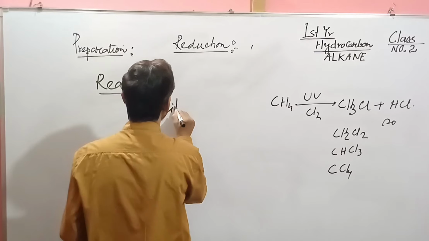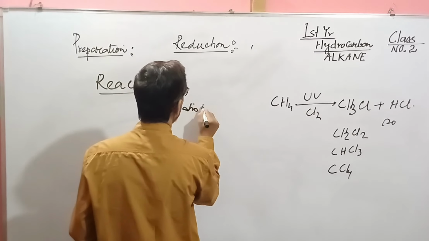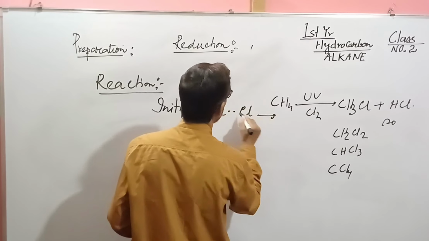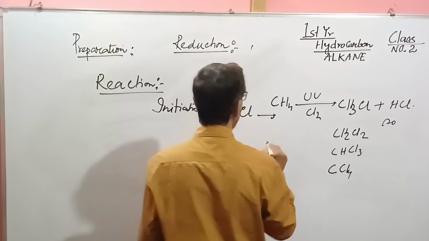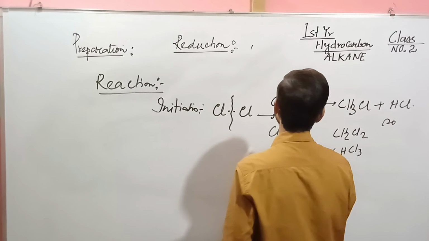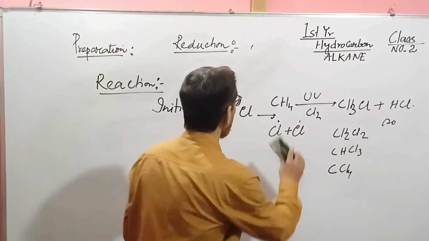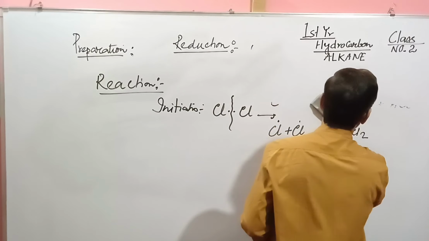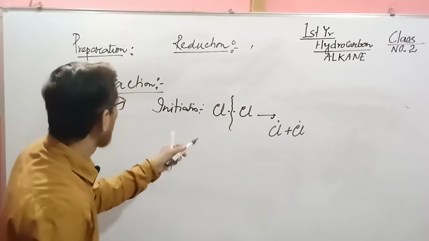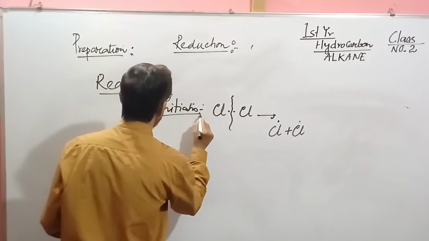You can write initiation. Chlorine breaks homolytically. Am I right? So you have got free radicals. Now this step is called initiation.